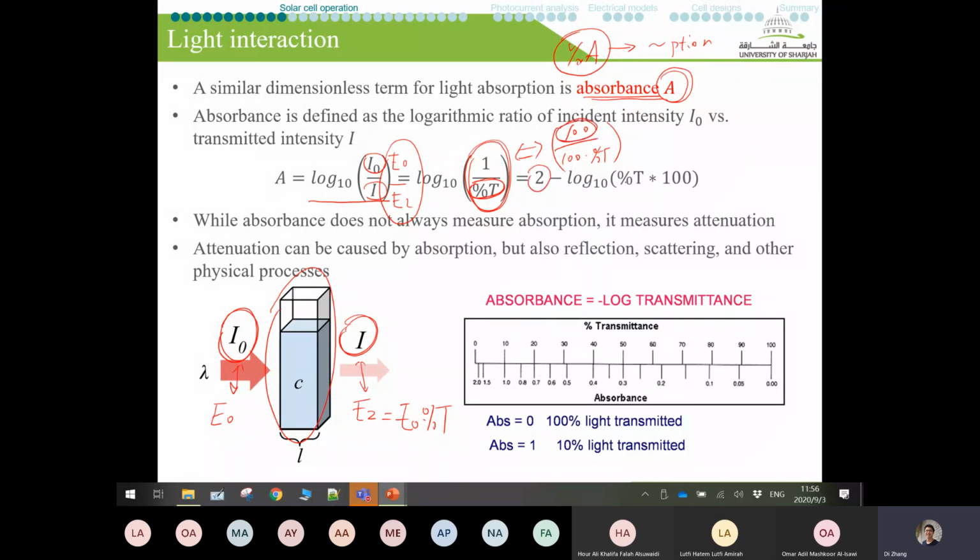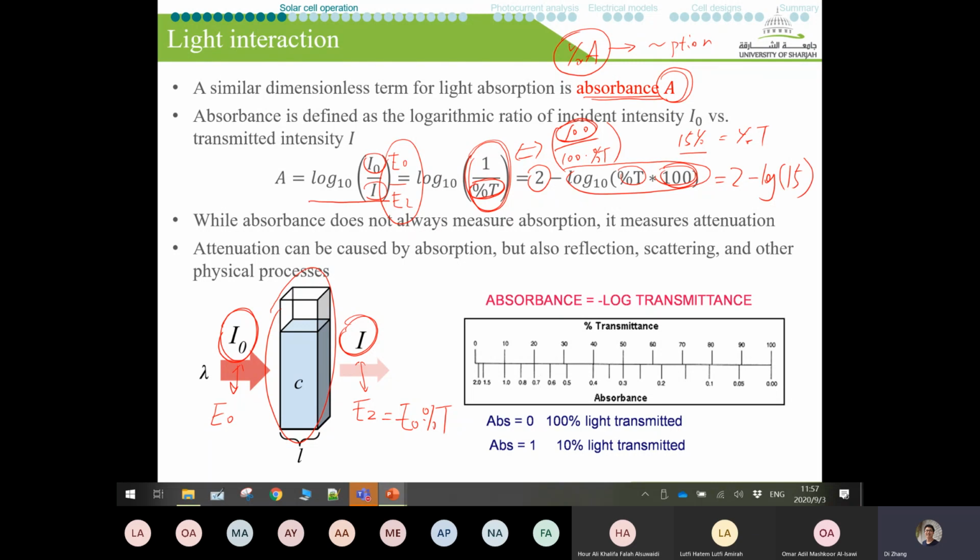The bottom part becomes log 10 of percentage T times 100. This means that if you have, let's say, a 15% transmission, you can write absorbance as 2 minus log 10 of 15% times 100, so this will become 15 only.